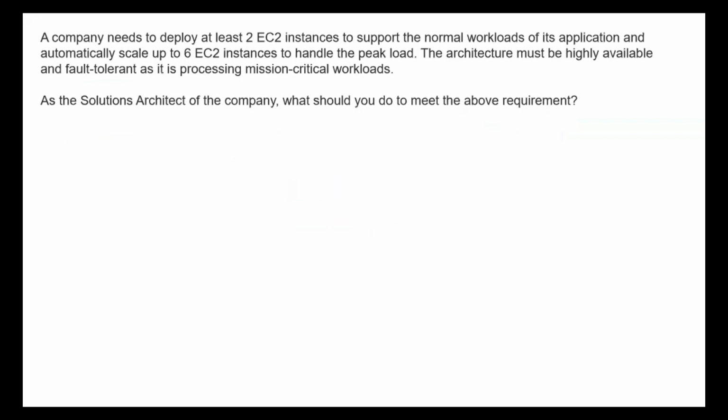So let us go through the first question on designing resilient architectures. A company needs to deploy at least 2 EC2 instances to support the normal workload of its application and automatically scale up to 6 instances to handle the peak load.